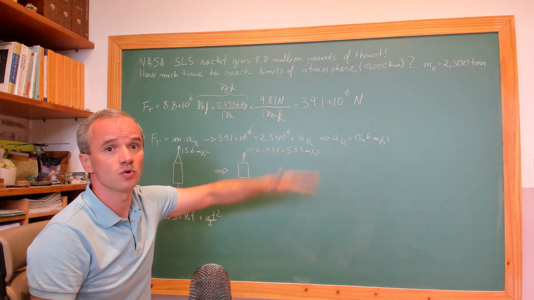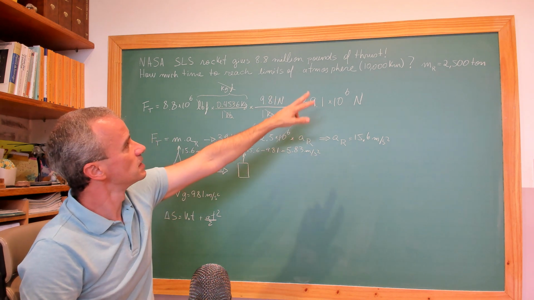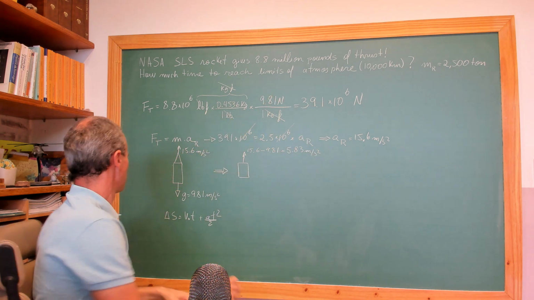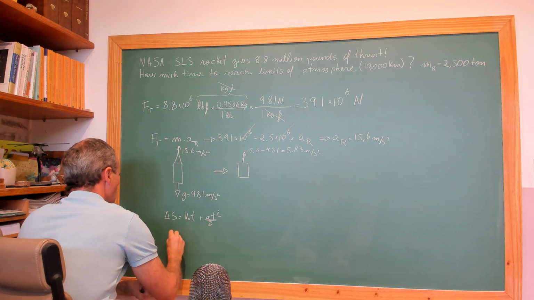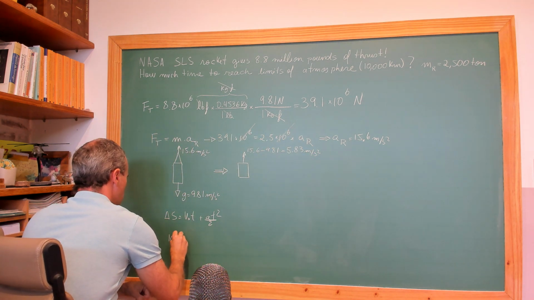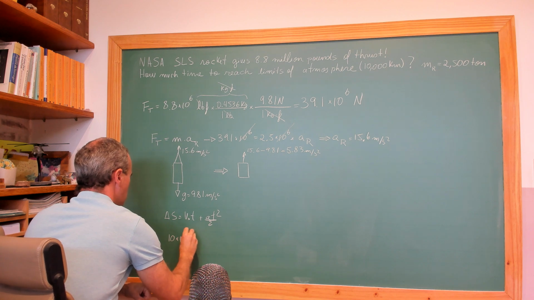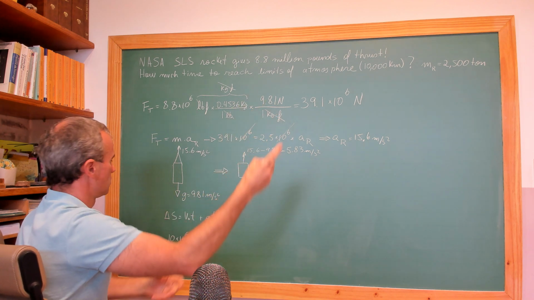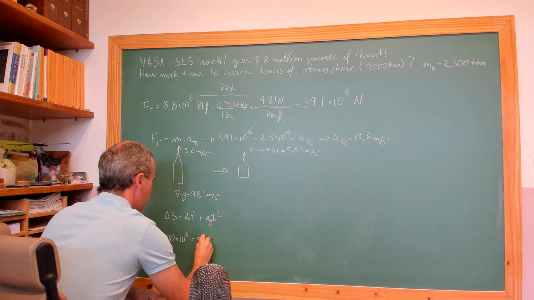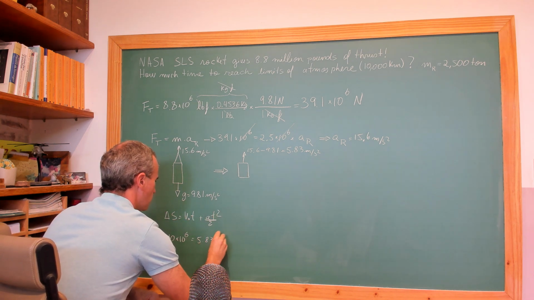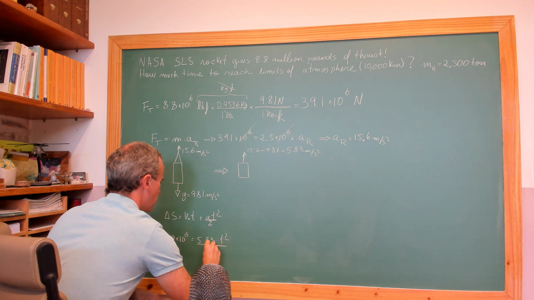Again, we have to go to SI units, which is 10 to the 6 meters. So 10 times 10 to the 6th equals, what is the acceleration? 5.83 times t squared divided by 2.